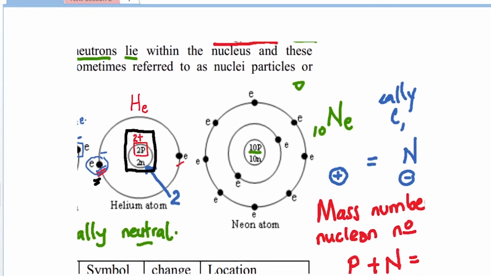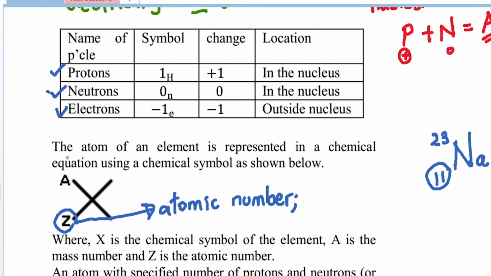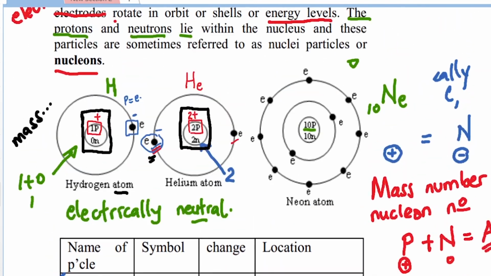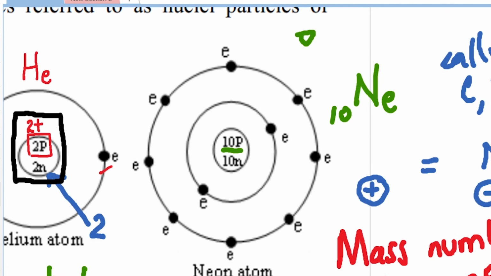Then what about the number up top? This number is what we are calling the mass number. Remember, the mass number is a combination of what is in the nucleus. If we go back to our illustration of the nucleus, our mass number is going to be what is in the center here.